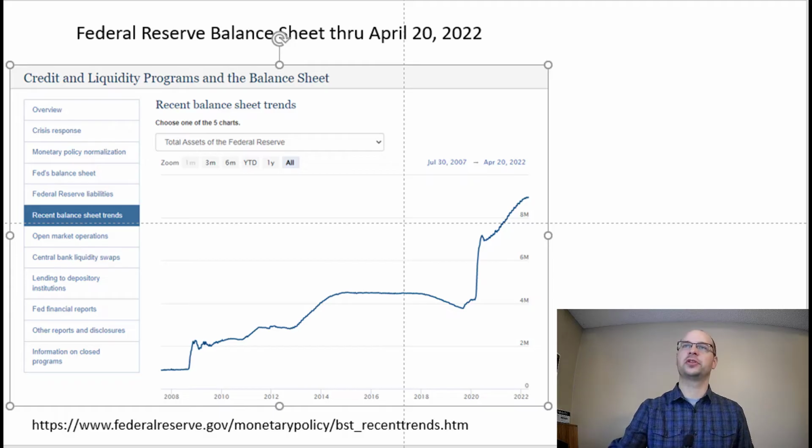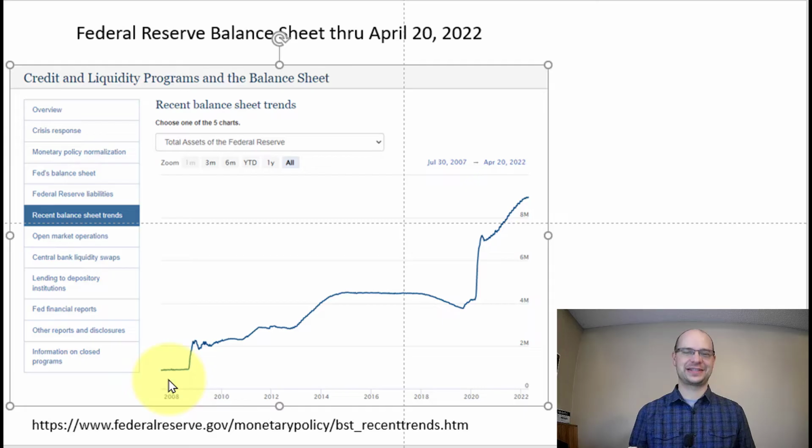So for example, if you look up here at the chart, this is right off the Fed's website. And this isn't the balance sheet, this is a graph of the balance sheet, specifically the assets on the Fed's balance sheet. And this is what financial media is always obsessing about. So in this graph, you can see the Fed's assets on the balance sheet going all the way back to about 2007. And what's interesting, I'll point out a couple things.